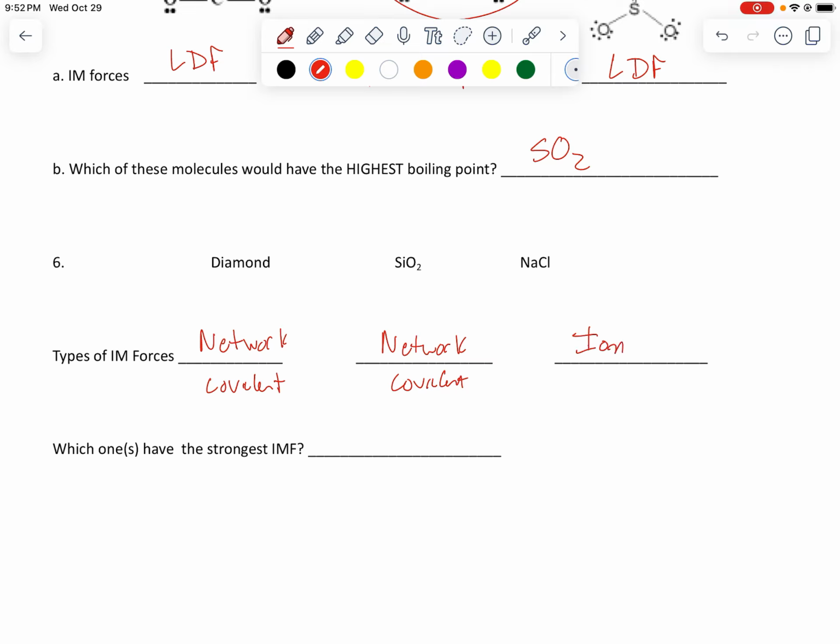NaCl is ionic. So which ones have the strongest IMF? It's going to be your network. They just have a stronger connection than the ionic structures do. Ionic is strong, but it's not quite as good as network covalent.